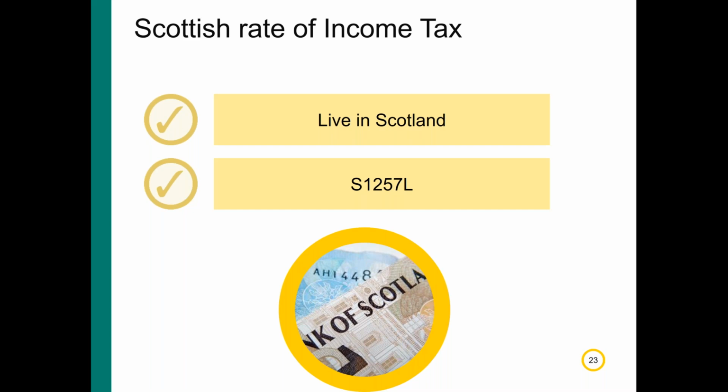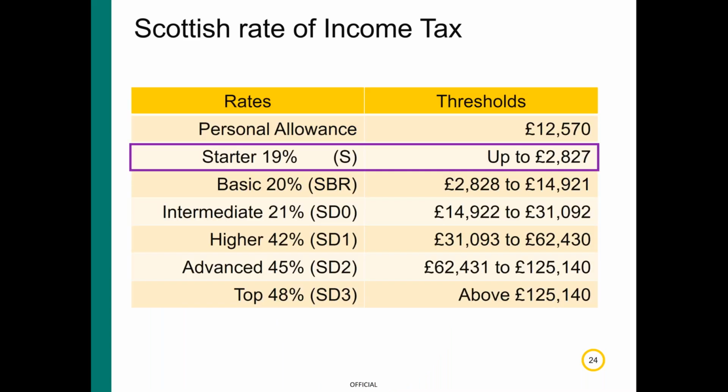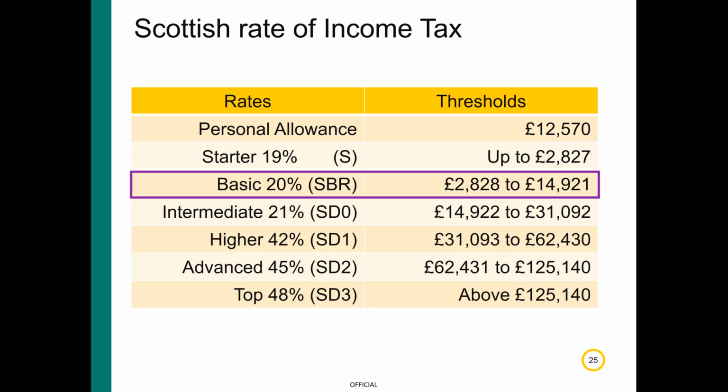So again, after the personal allowance, the starter rate, 19%, increases to £2,827. The basic rate thresholds increase to £2,828 up to £14,921 at 20%.